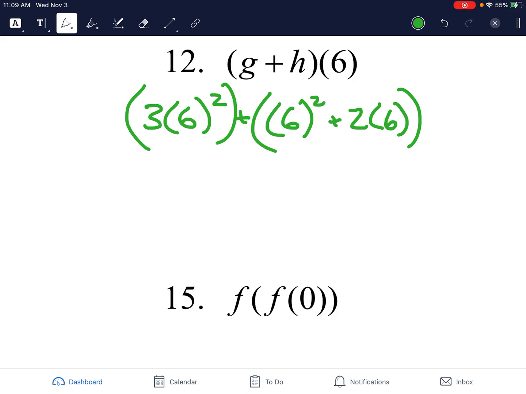It will solve many of the issues of doing the order of operations wrong. So 6 squared is 36 times 3 is 108, plus 6 squared is 36 plus 2 times 6 is 12 gives you 48. 48 plus 108 is 156.